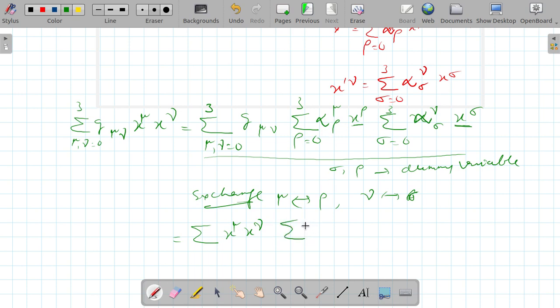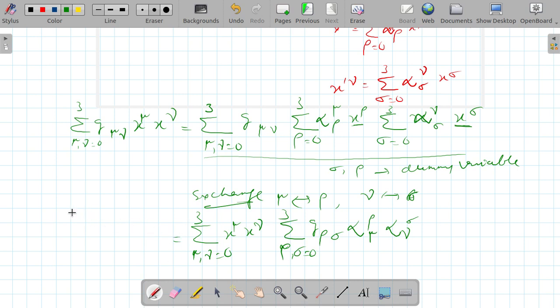And another thing, it is g rho sigma and alpha. Here I am just exchanging, so mu will be here and this will be here, and the sums are varying from 0 to 3.